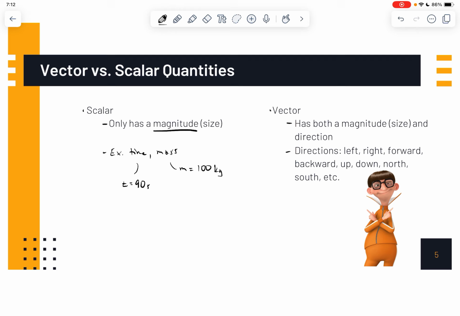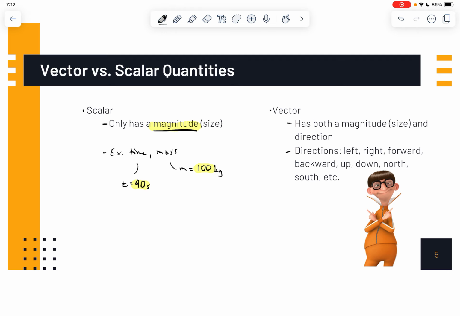So we're thinking about this idea of magnitude, the size of something, which is basically just telling us whatever number we've measured. The magnitude of our mass is 100. The magnitude of our time is 90. So scalar quantities only have information about their size.